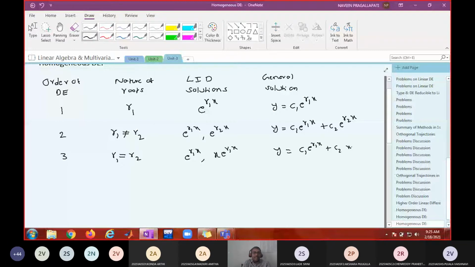If I take e power R1x common, what do you get? C1 plus C2x into e power R1x. Am I right? Can you see that?